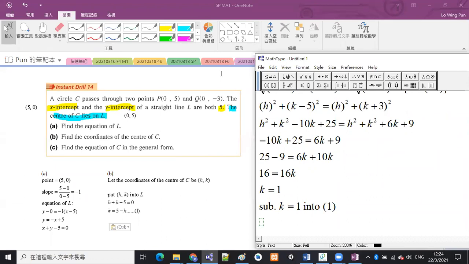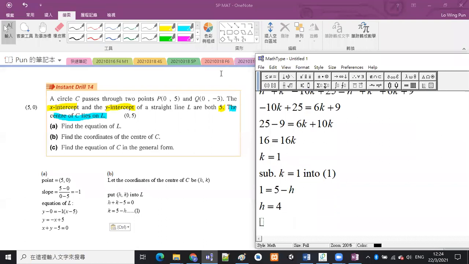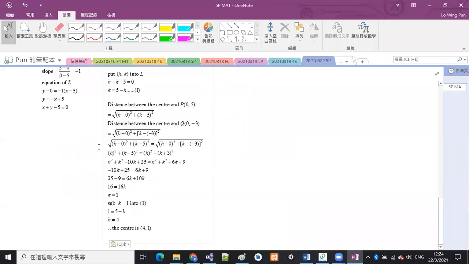So what is remaining is an equation with k only. Okay, so 1 is equal to 5 minus h, and then h is equal to 4. So that is the center. Therefore, the center is (4, 1). Okay, and that is the answer of part B.